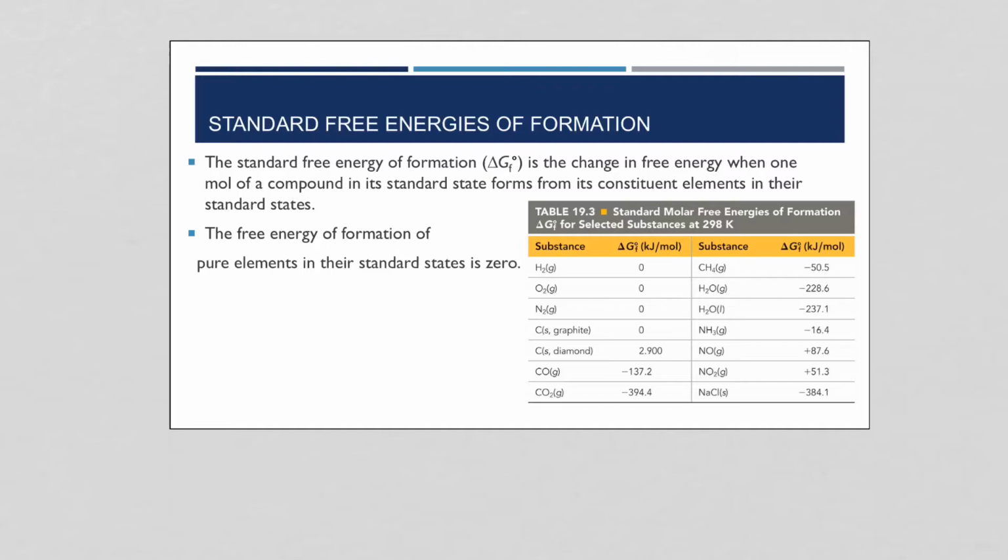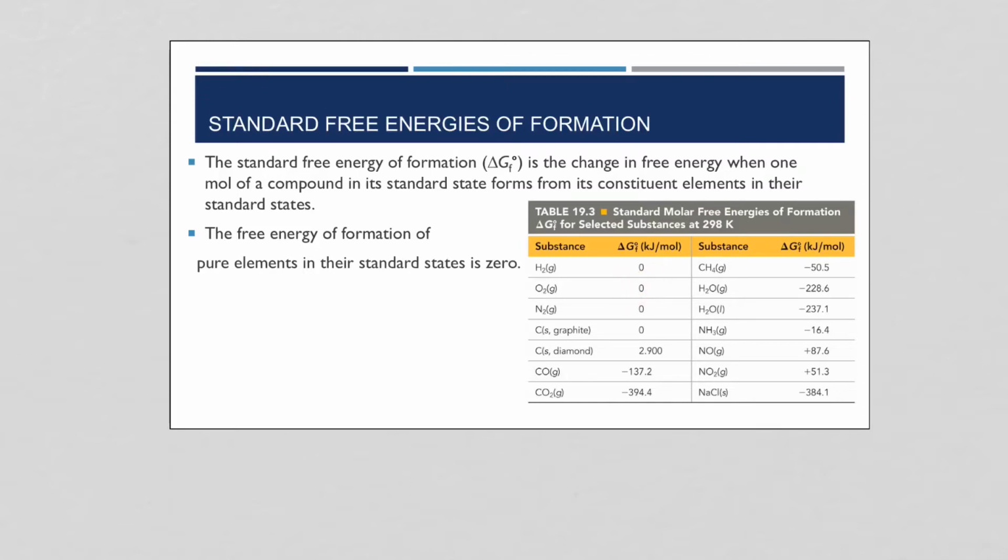We'll have a list of these in the back of the book, and you can see here from this partial list that sometimes it's positive, sometimes it's negative. We have quite a range. We can see here that the value for any element is going to be 0, because based on the definition, we're calculating the change from itself to itself, from the element to the element, so there's going to be no change.